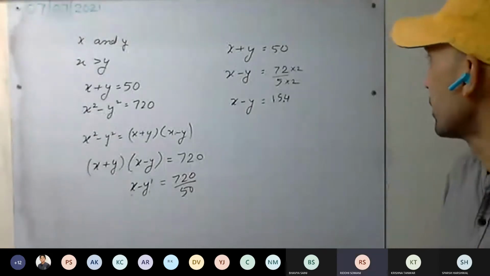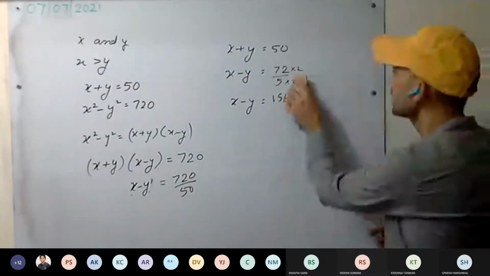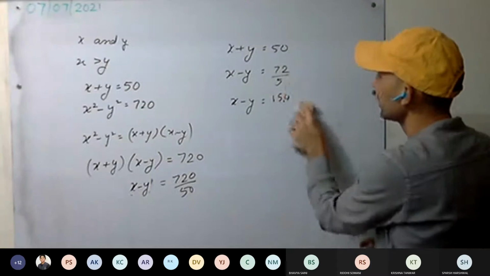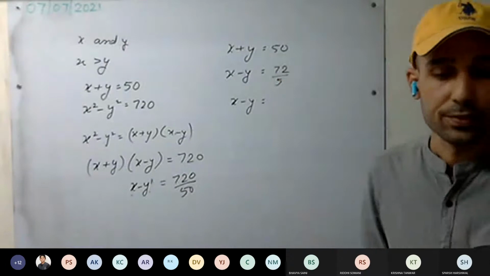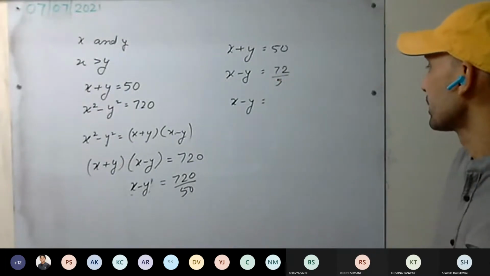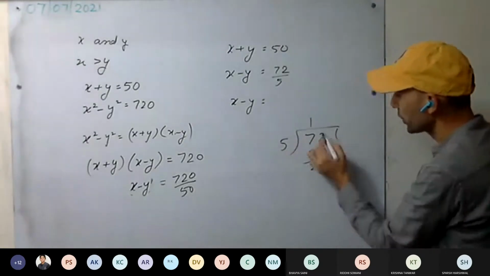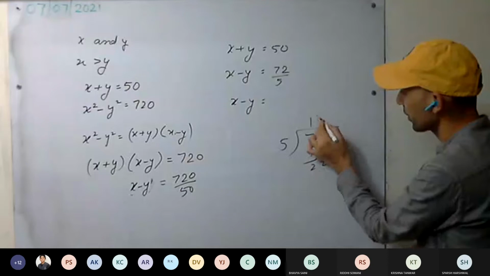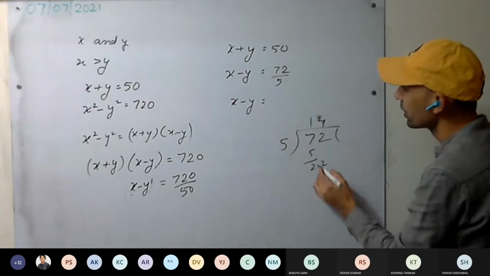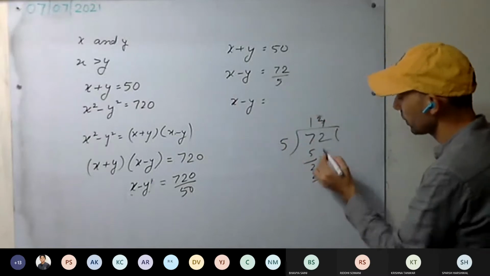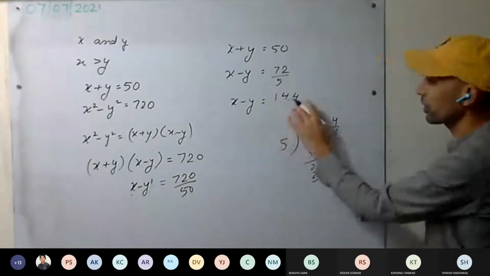We multiplied by 2 there, converting it into a decimal. Either do 72 divided by 5, which gives... I have written it wrong, so it is 14.4, not 15.4.